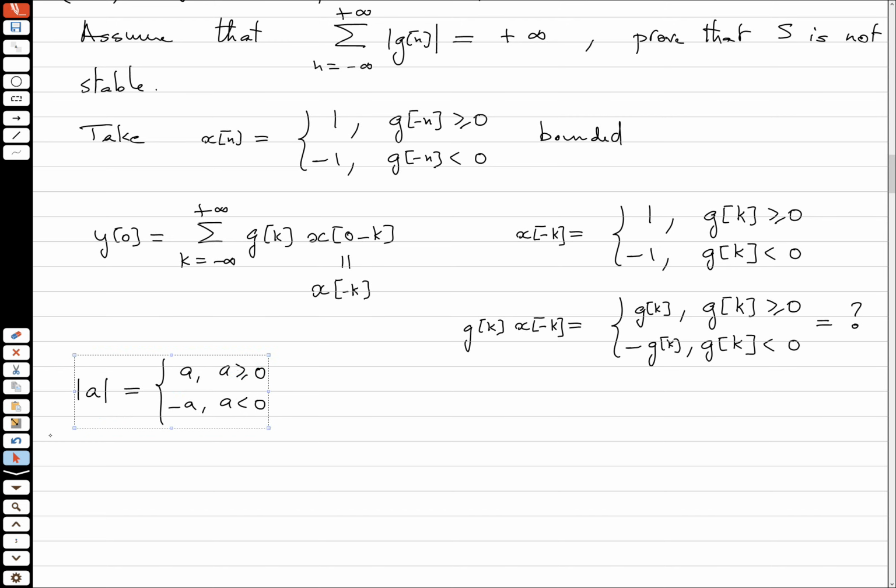All right. So, isn't that obvious? Anybody who doesn't understand that? You? What is the absolute value of minus 2? This is A. This is A negative.